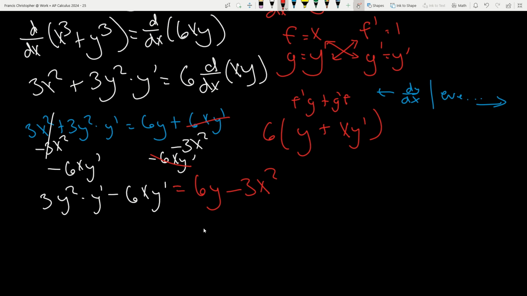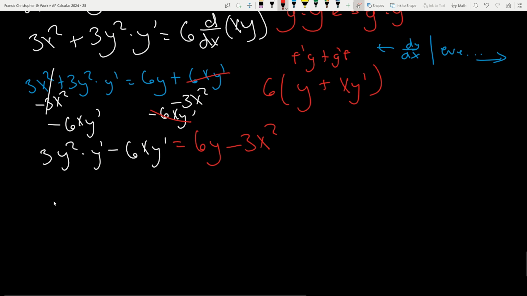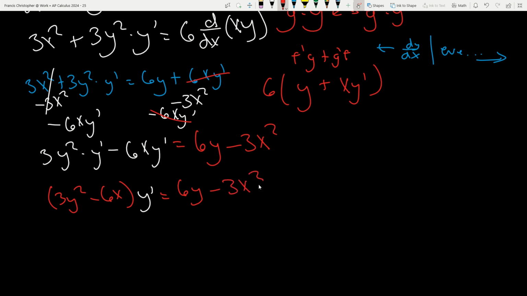I kind of skipped steps, but up to now I'm assuming you'll be able to follow along. If not, you can pause and see what I did, or ask me. Here I'm going to factor out all the y primes, so 3y squared minus 6x, and I want to emphasize the y prime here, equals 6y minus 3x squared.